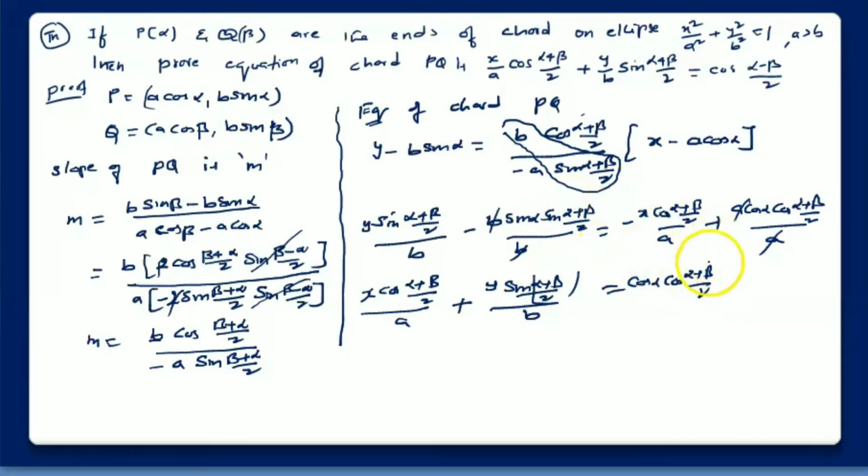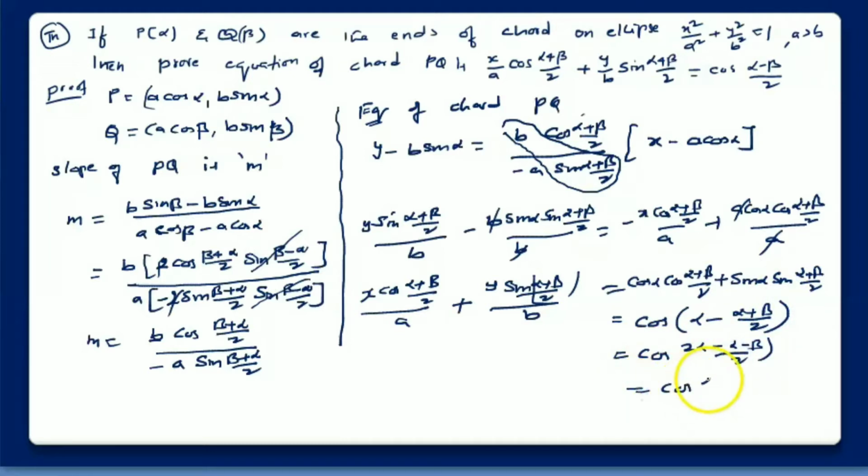Take this negative term to this side. This becomes plus sin alpha sin (alpha plus beta) by 2. So here I can write it as cos A cos B plus sin A sin B is cos of A minus B. So this is nothing but cos of (alpha minus beta) by 2. Totally, x by a cos of (alpha plus beta) by 2 plus y by b sin of (alpha plus beta) by 2 is equal to cos of (alpha minus beta) by 2.